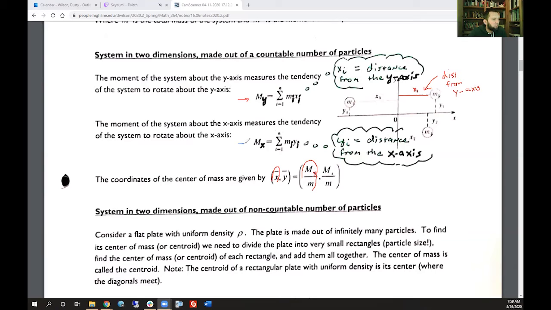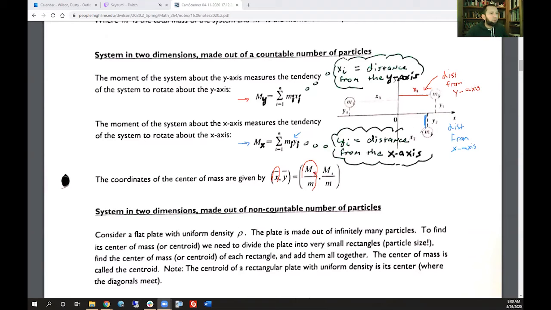Contrast that with the moment about the x-axis. The moment about the x-axis requires us finding the distance from the x-axis. So here are our distances from the x-axis.